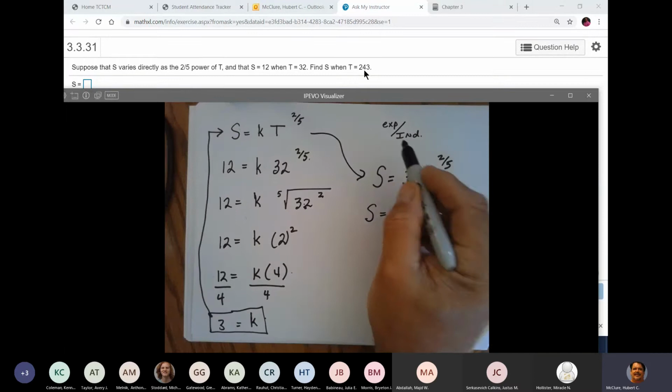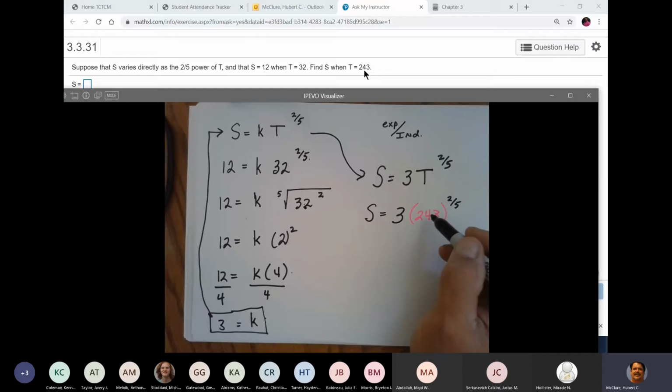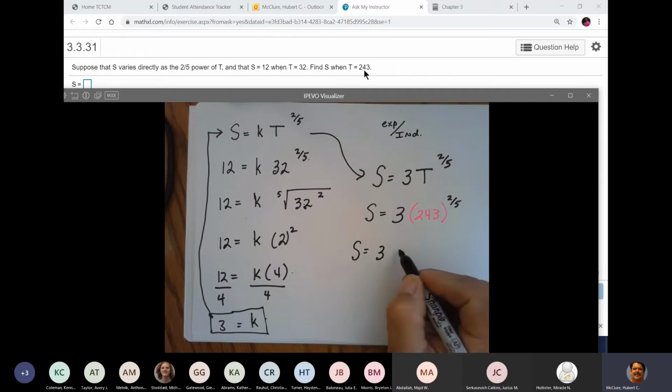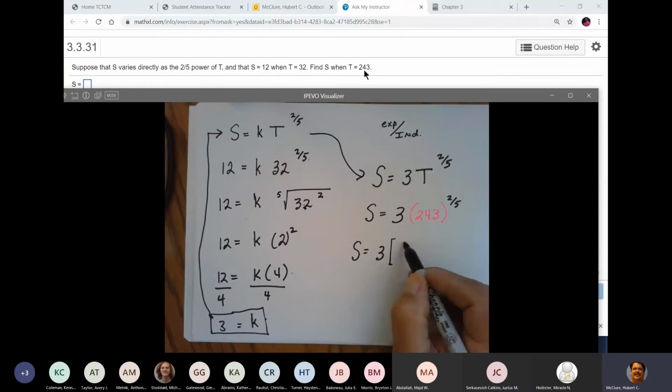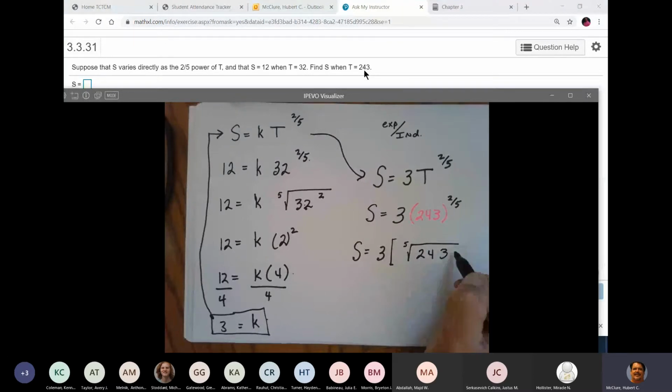Well, as I said before, exponent over index, that's going to be the fifth root of 243 raised to the second power. So S is equal to 3 times the fifth root of 243 raised to the second power.